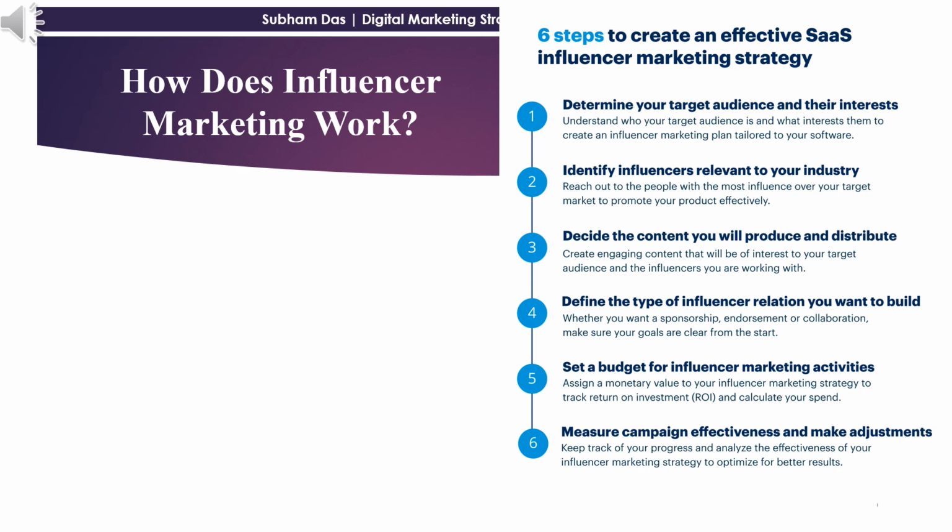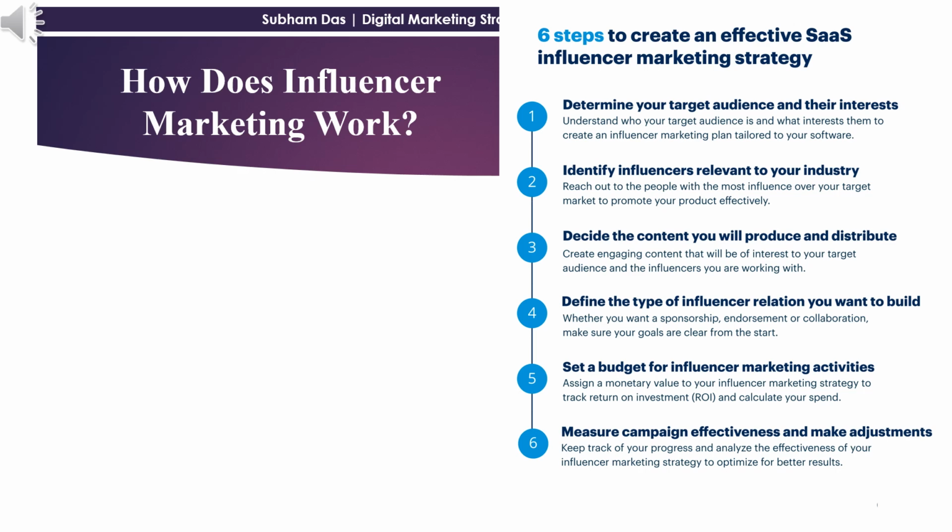Now the second step is to identify the influencers that mostly appeal to that market that you want to target. Who are the influencers that are most relevant to the industry or the part of the market that you want to target, your target audience?